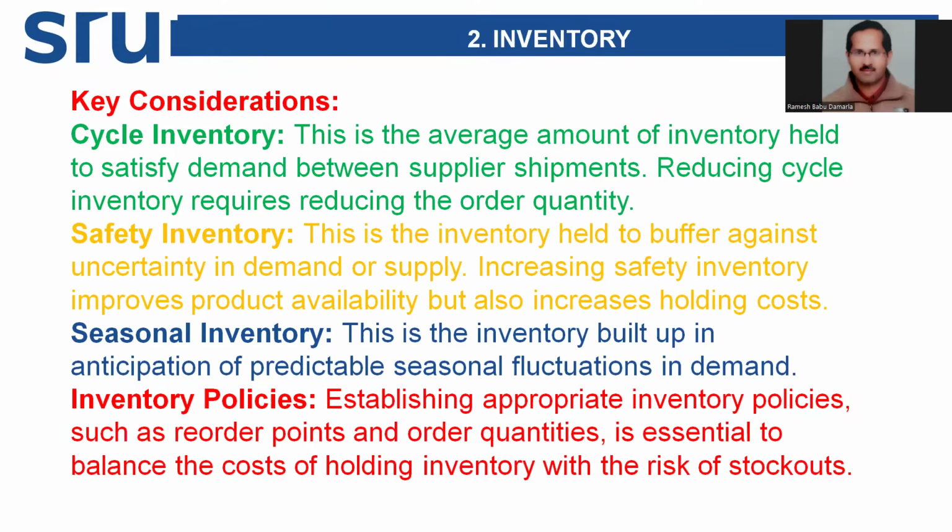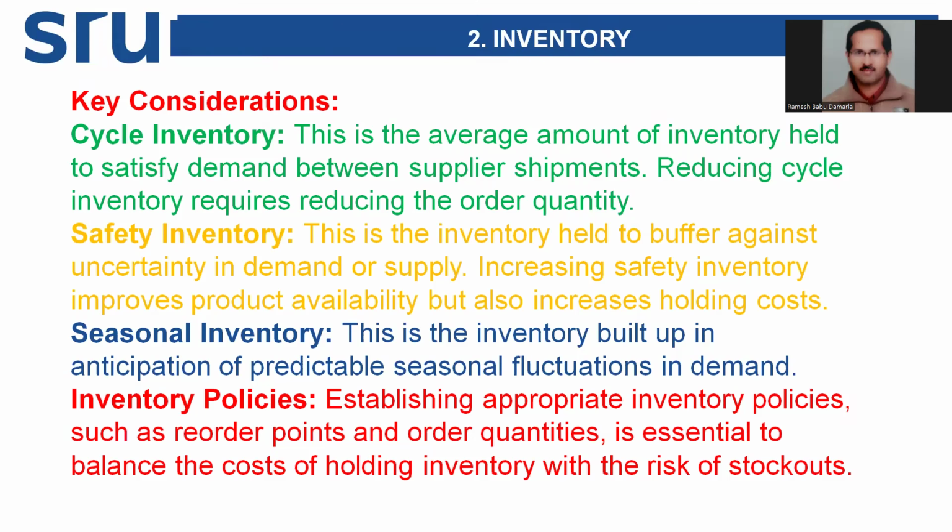In winter, room heaters, geysers, air conditioners with heating facility, woolens, rugs and jackets, woolen caps, mufflers, woolen clothing are more sold. So those kinds of product manufacturers will keep a seasonal inventory based on the season.